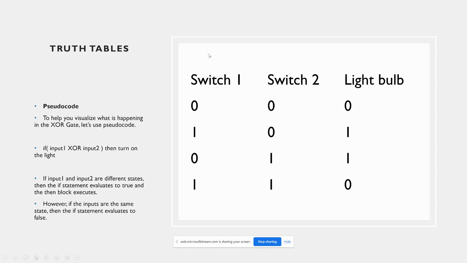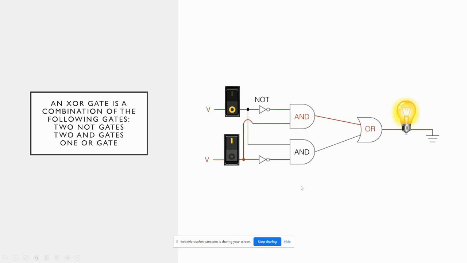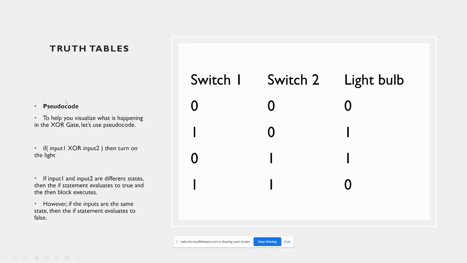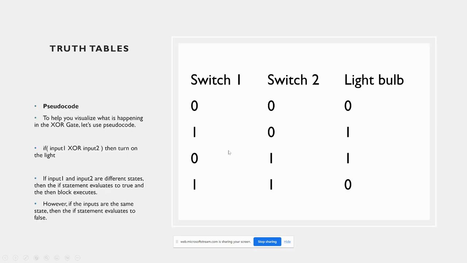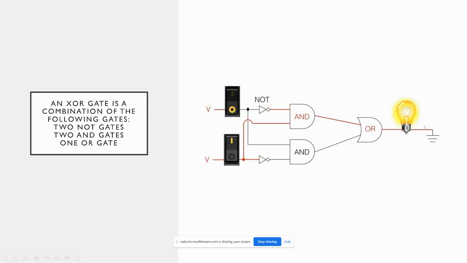Let's look at the truth table of this previous example. We have switch 1, switch 2, or input 1, input 2, or A or B, and then we have the light bulb, which was the output.